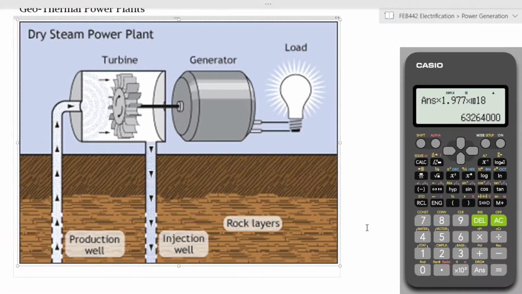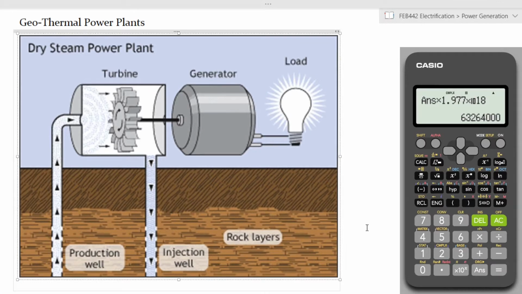Geothermal power plants look like that. Remember we talked of steam power plants running a turbine and then a generator, and then your load. That is just a representation of the load. In the case of geothermal power, you have the steam coming directly from the Earth's own energy. The energy is taken from the Earth's crust.